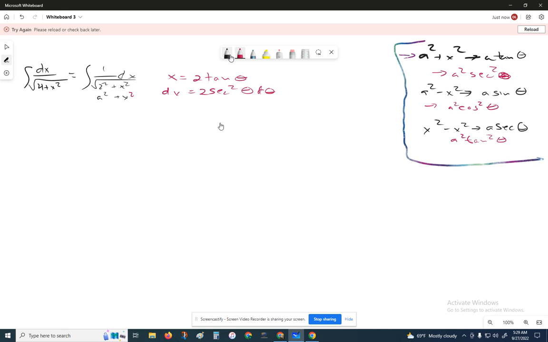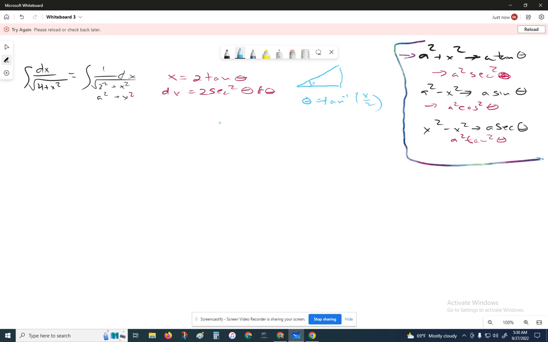And then off to the side here, let's do our triangle in case we need it, in a different color. Let's do it in bright blue. So we know that theta is equal to the inverse tangent of x over 2.